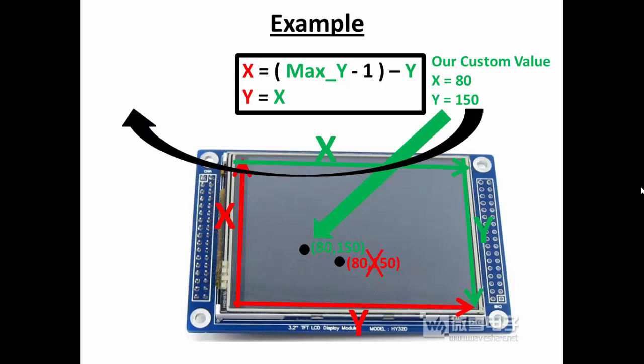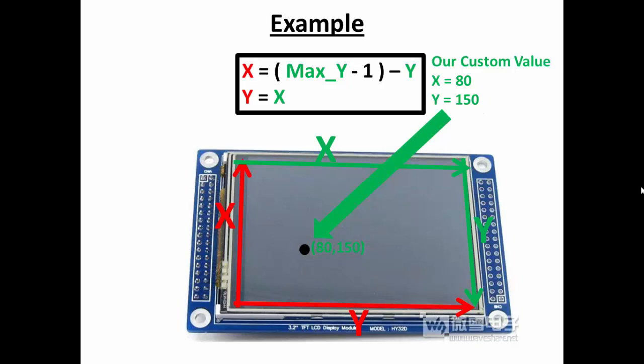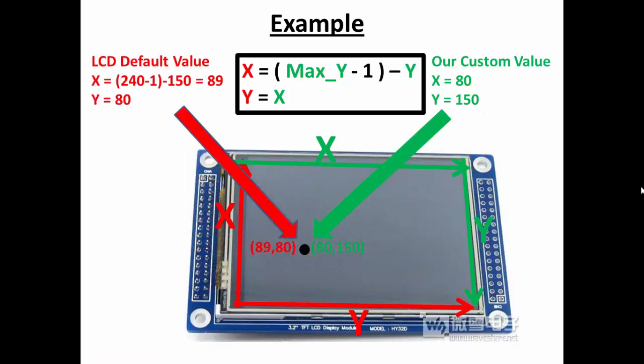That's why we are converting the values using the formula. After the conversion, we got x as 89 and y as 80. Now when we pass these converted x and y values to the LCD, the LCD will represent the exact point which we wanted. Hence you can see how this works.